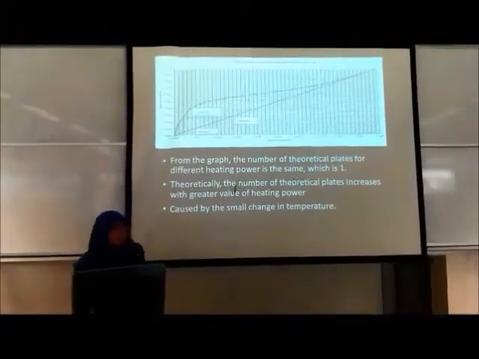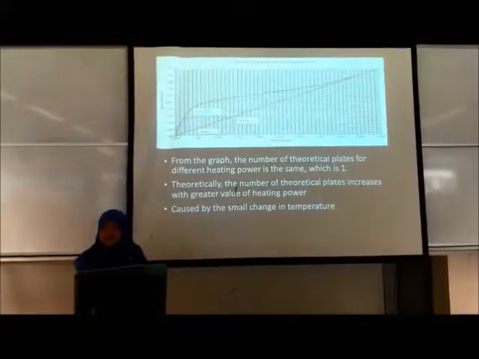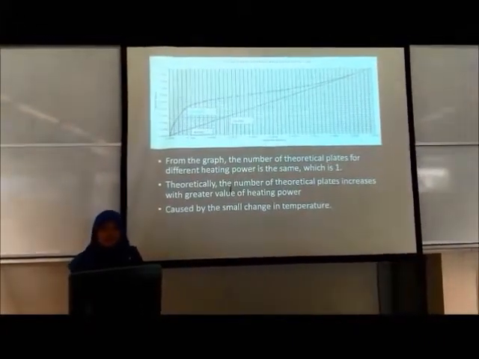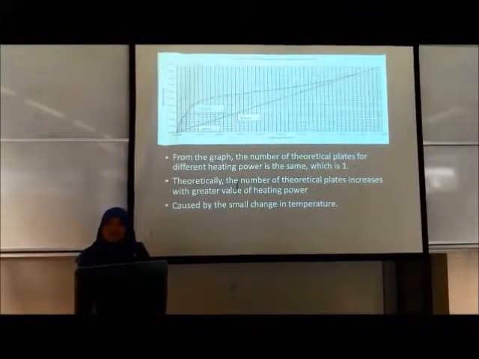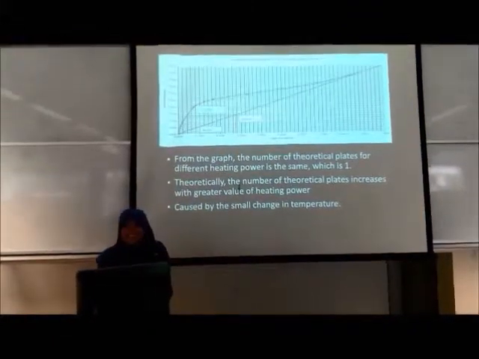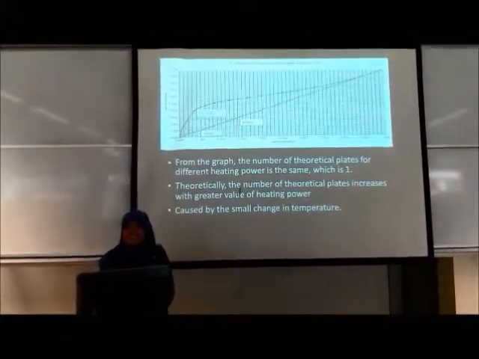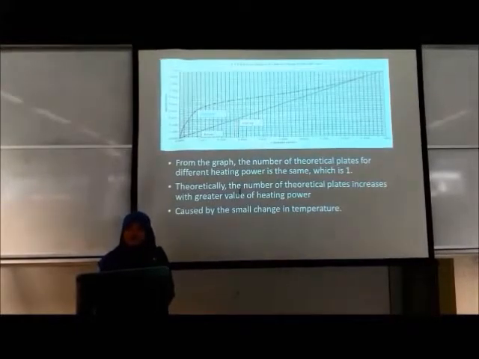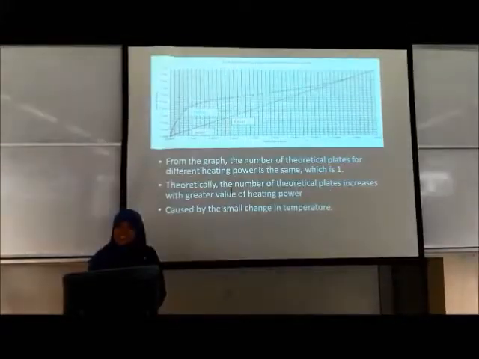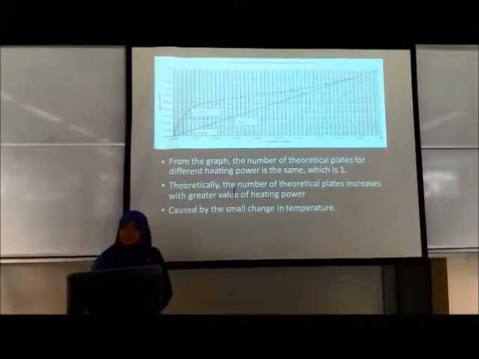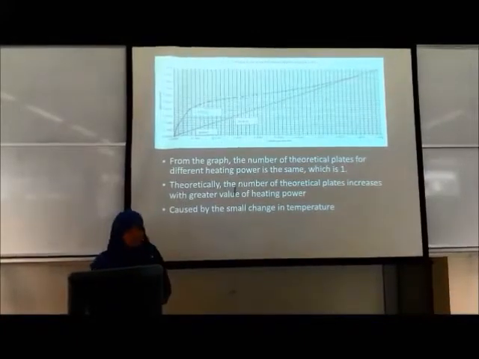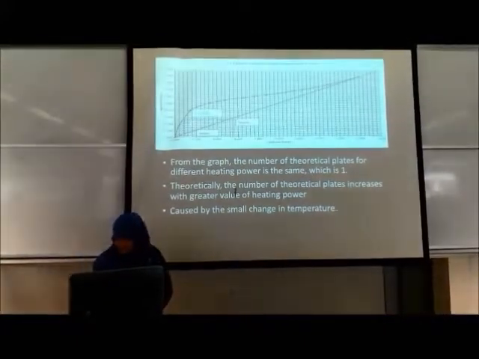From the graph, we found out that the theoretical plate for all the heating powers is the same, which is 1. Theoretically, the higher the heating power, the more theoretical plates. This is due to the limitation of temperature, which I will discuss later.